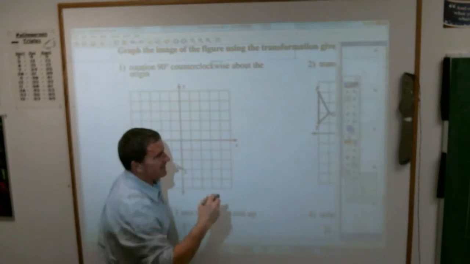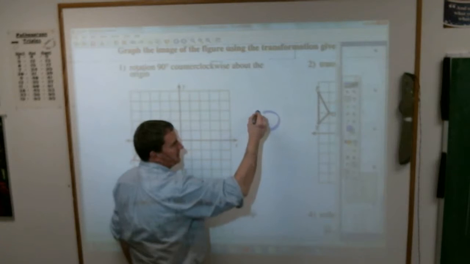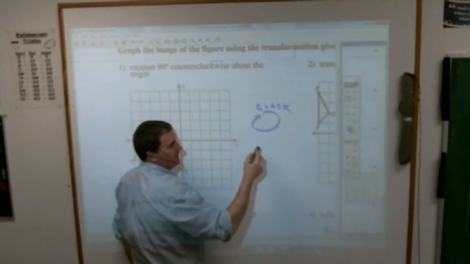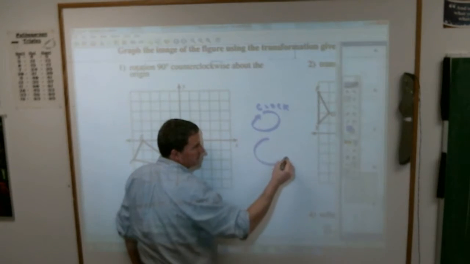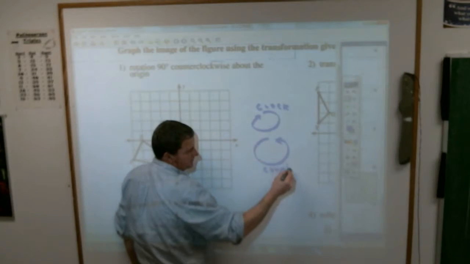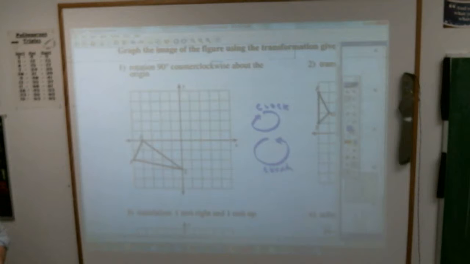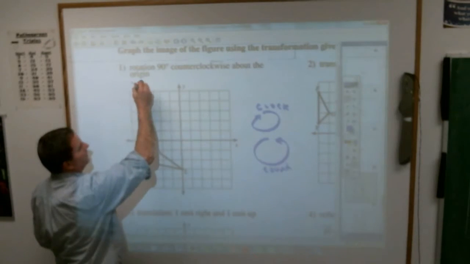As a clock turns, a clock goes this way, so that is clockwise. Spinning it the other way, if the clock happened to run backwards, that is counterclockwise.